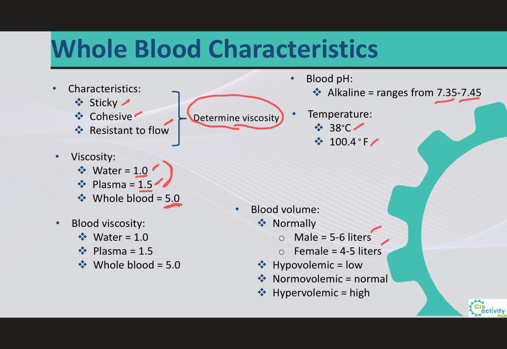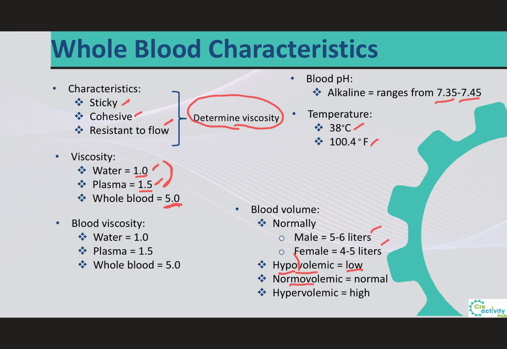This difference is just because on average men are bigger than women, so they will have more blood circulating in their bodies. Now, clinicians will use the following terms to refer to low, normal, or excessive blood volumes. So, hypovolemic for low blood volume, which makes sense because hypo is low or inferior.